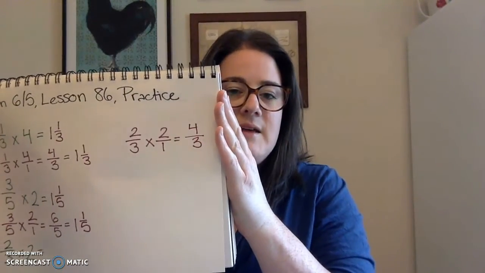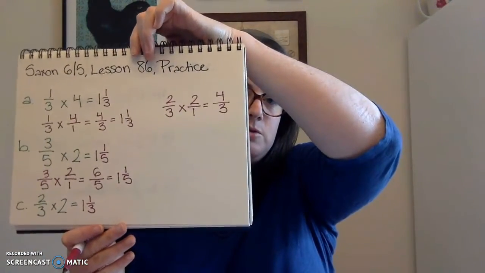I multiply my denominators. 3 times 1 gives me 3. And I get the product 4/3. I want to simplify my fractions so that I don't have an improper fraction where my numerator is bigger than my denominator. And that gives me 1 and 1/3. So 2/3 times 2 is 1 and 1/3. Fair enough?